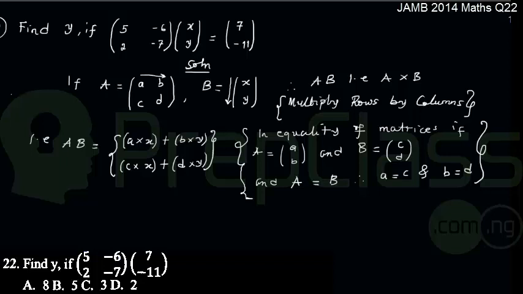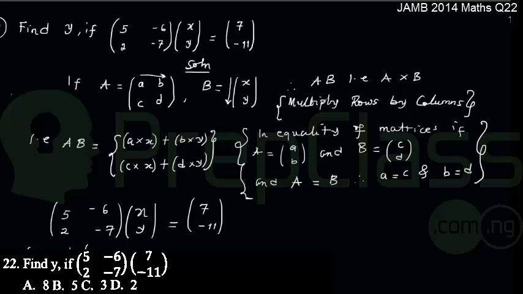So in looking at the question, I have 5, 2, minus 6, minus 7, into brackets x, y, is all equal to 7, minus 11. What would this become? This would definitely become 5 times x. So I would have 5x plus, now minus 6 times y.